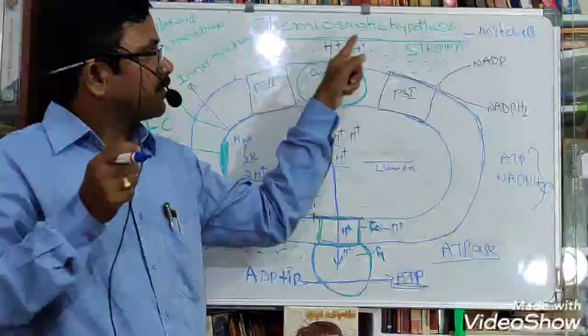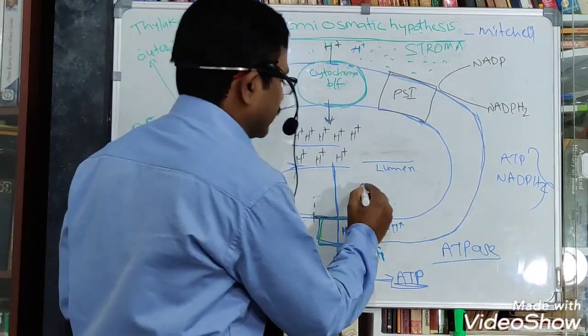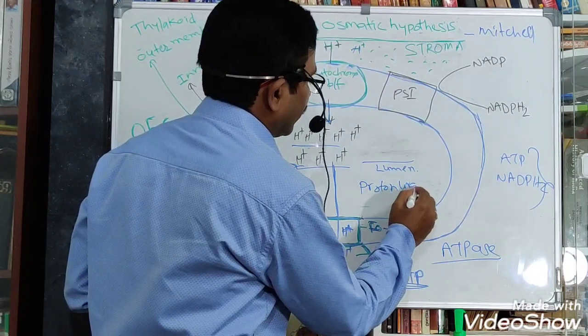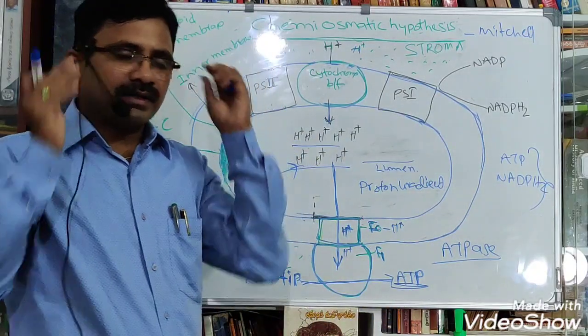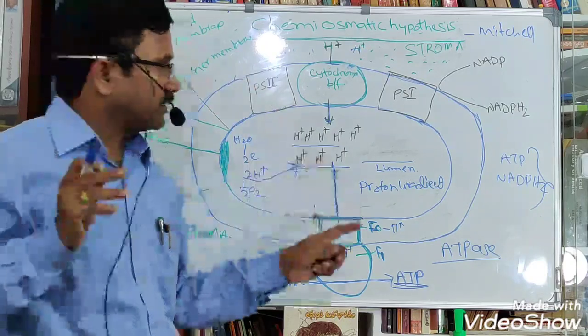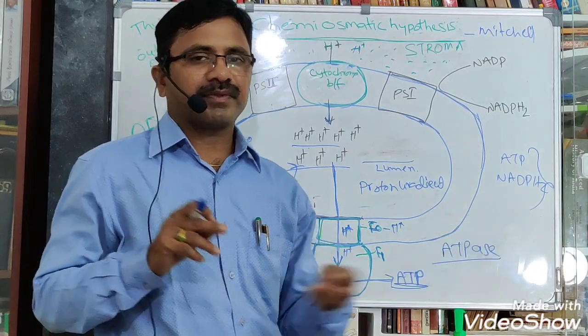According to the chemiosmotic hypothesis, proton gradient is a driving force that causes formation of ATP and NADPH2.